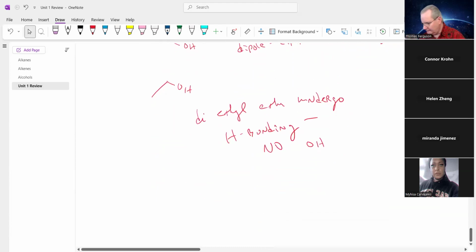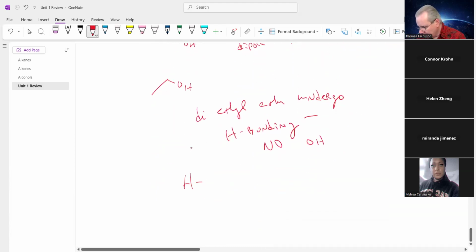Now, hydrogen bonding, think of NOF. When it bonds to nitrogen, oxygen, or fluorine. Now fluorine's not in the body, so we don't talk about fluorine. Nitrogen, we're going to get to in unit 4, so it's going to undergo hydrogen bonding. And then the OH, we're going to hit that in unit 2 and unit 3 and unit 1.